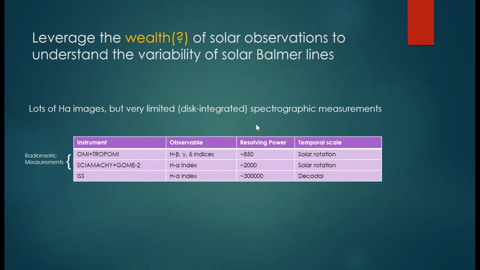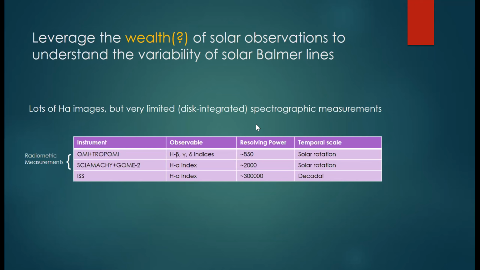The first difficulty that we found is that if you look at publicly available databases, there are not that many measurements available that allow us to study variability of solar lines over long temporal scales at high spectral resolution. So we decided to look at radiometric measurements.